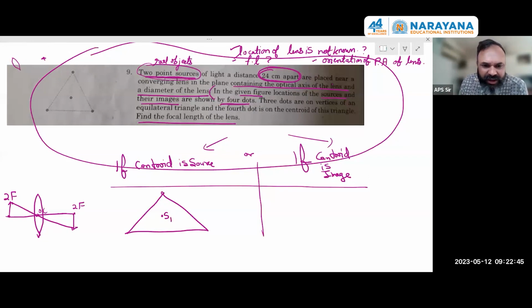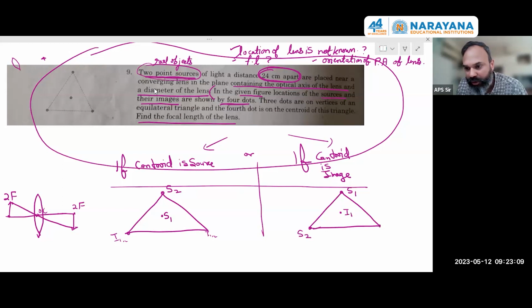So you can treat it like S2. And you can say these are the two images, maybe here, I don't know. So maybe I1, I2, one of them. This is a possibility. Similarly, if the centroid is the image of any one of them, let's say this is my S1 and this is my I1, then this can be S2 and this can be I2, or vice versa.